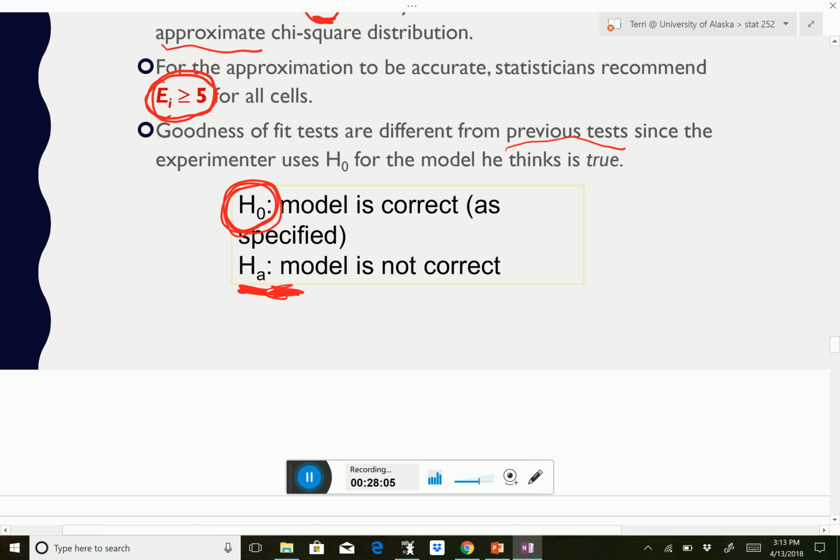Because we don't want to have enough evidence to say our model is wrong. But if we do, we do. So it is a little bit different in that most of the time you're wanting not to reject. Whereas in other tests, you're like, yay, I rejected, so I get to prove something. Now you're like, oh, good, my model is working. So it's a little bit different.